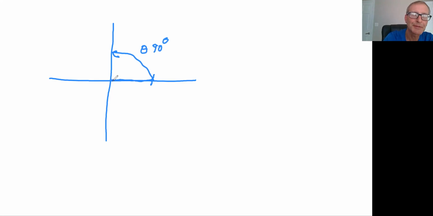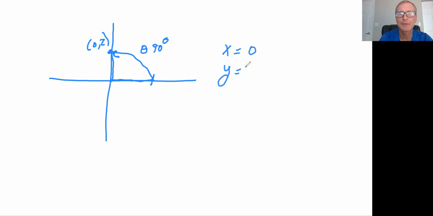And so basically, let's say that it goes up where this point here is x equals 0, y equals 2. So in this case, our x value is 0. Our y value is 2.